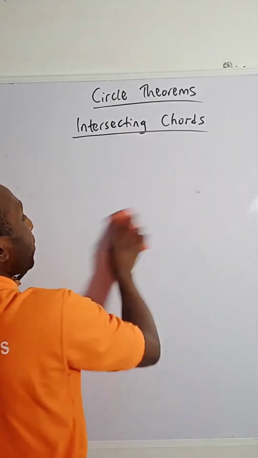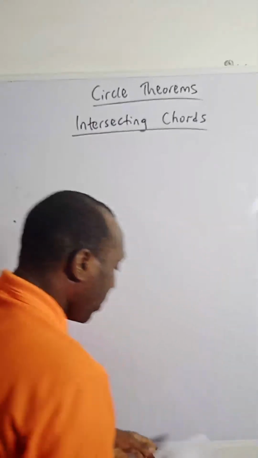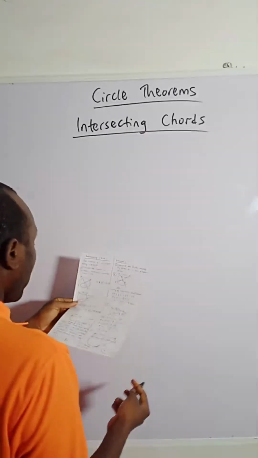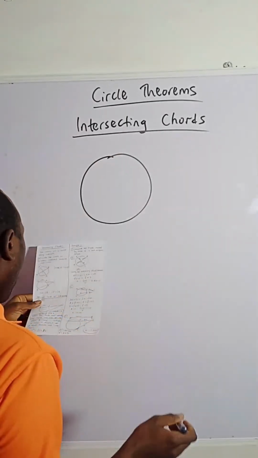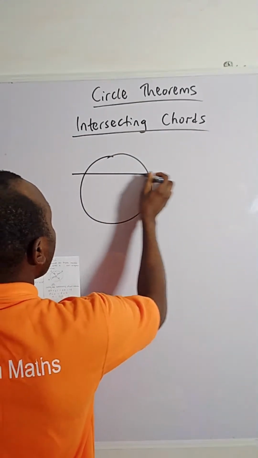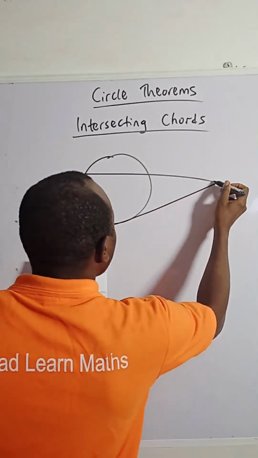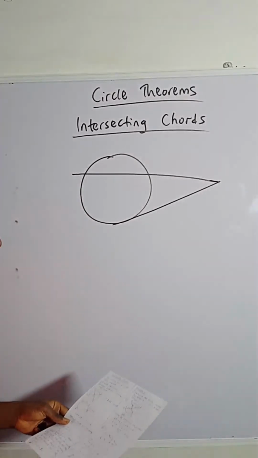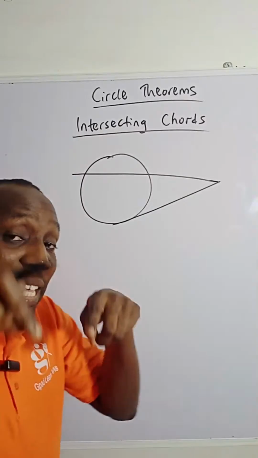So to be able to capture everything, I'm going to write something down for you. Let's write a special case where you have a circle and you have a secant, then you have a tangent. This is different from what we have done so far. Please take note. We talked about 2 chords intersecting in the circle.